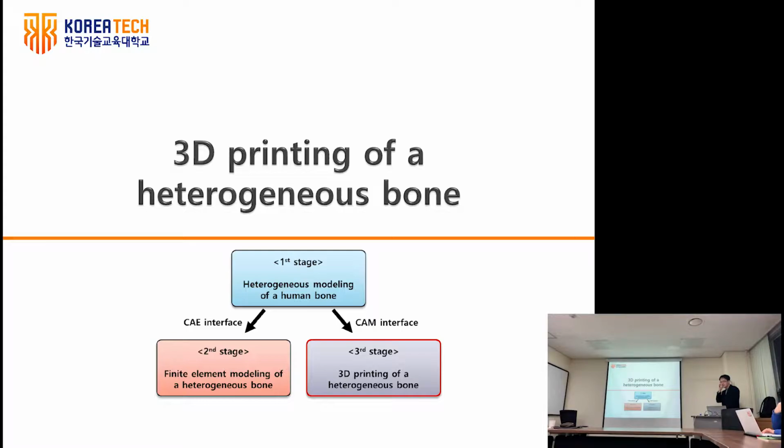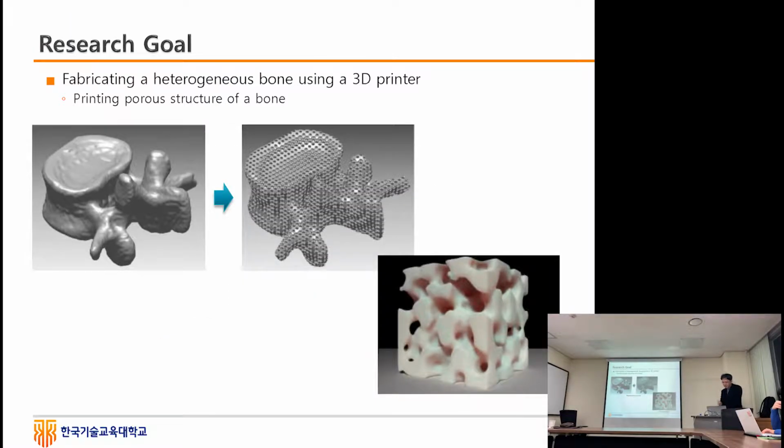In the last stage, I studied how to print the heterogeneous bone using 3D printers. The goal of the last stage is to fabricate the heterogeneous bone using 3D printers. Especially, I wanted to represent the porous structure of a bone, because this shows the microstructure of a real bone.